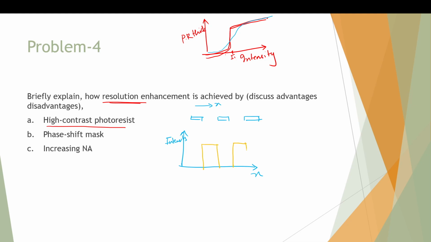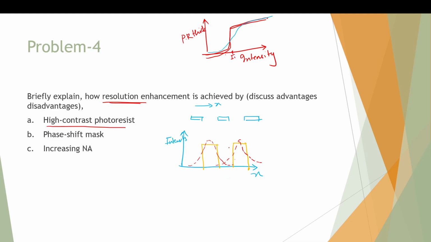Whatever is open should get exposed, whatever is not open, the intensity should be 0, so it won't get exposed. But in real life what we get is different, something like this. This is due to the diffraction, right? We know about this.